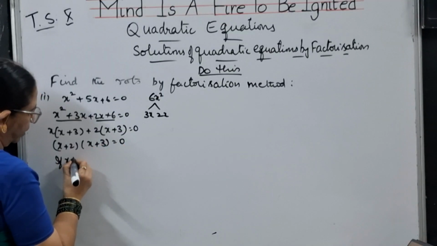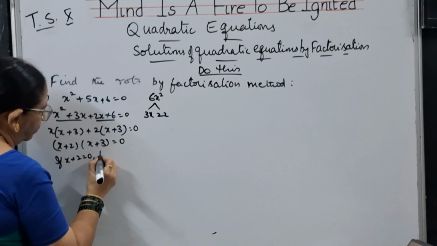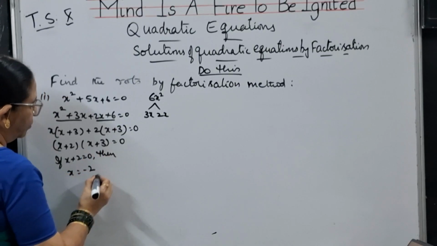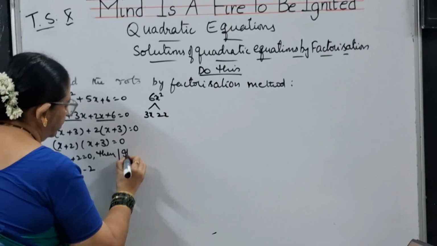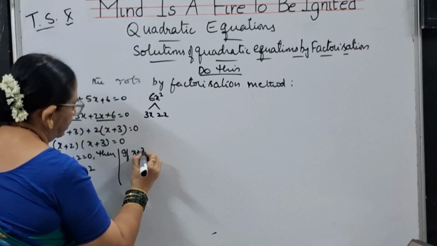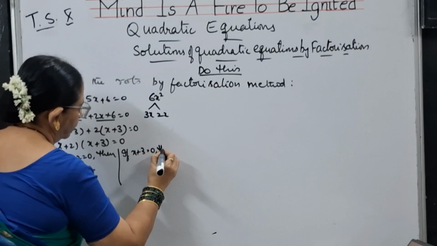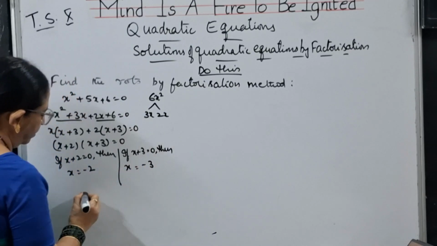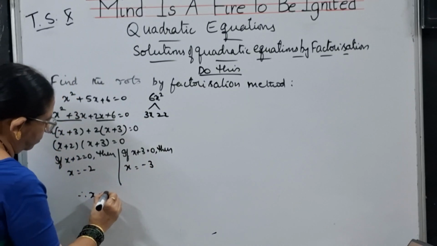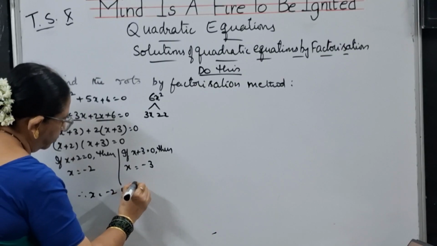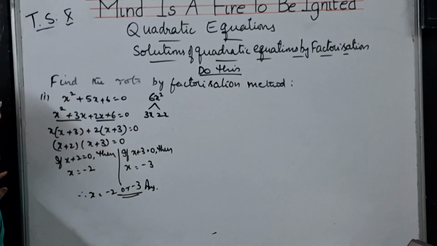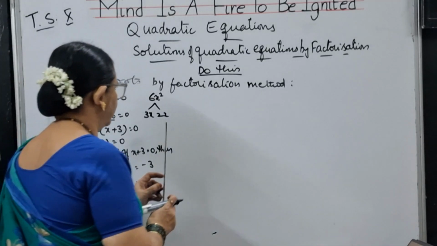If x + 2 = 0, then x = -2. If x + 3 = 0, then x = -3. Therefore, x = -2 or -3. This is the answer for this first bit, children.